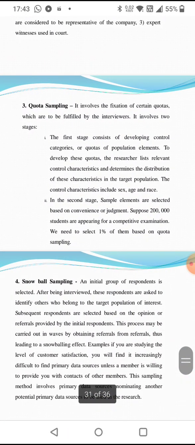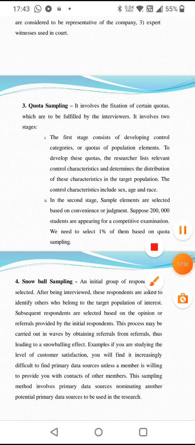Next is quota sampling. What do they do in quota sampling? It involves the fixation of certain quotas which are to be filled by the interviewers. Again, here you have two stages. The first stage consists of developing control categories or quotas of population elements. To develop these quotas, the researcher lists relevant control characteristics and determines the distribution of these characteristics in the target population.